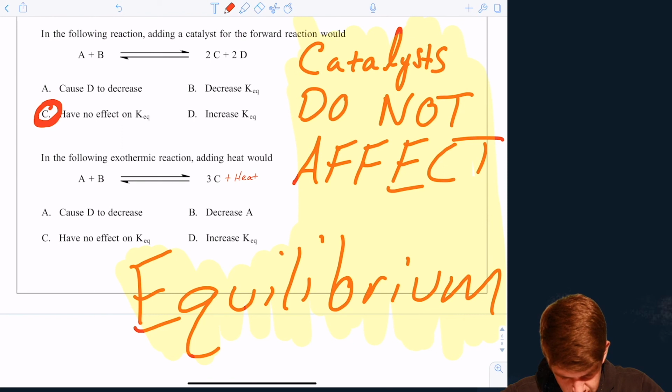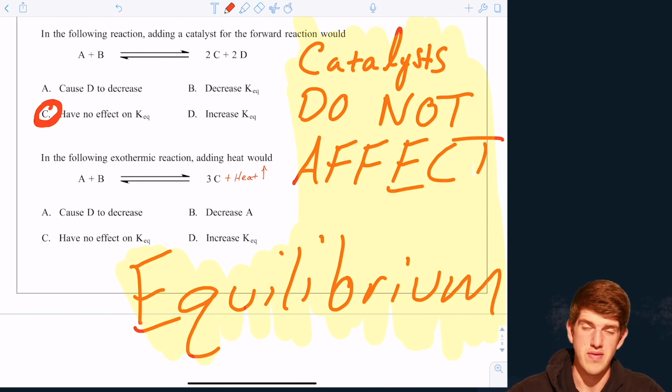Well, if I increase the heat, I'm going to want to get rid of that heat. The reaction of 3 C's becoming an A plus B is going to require heat. So if my temperature is too high, I can lower the temperature by using this heat.